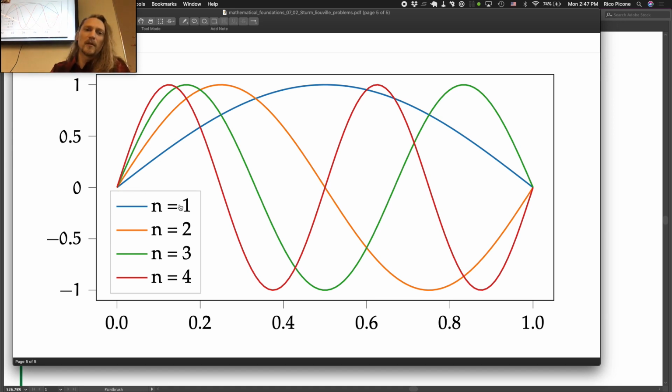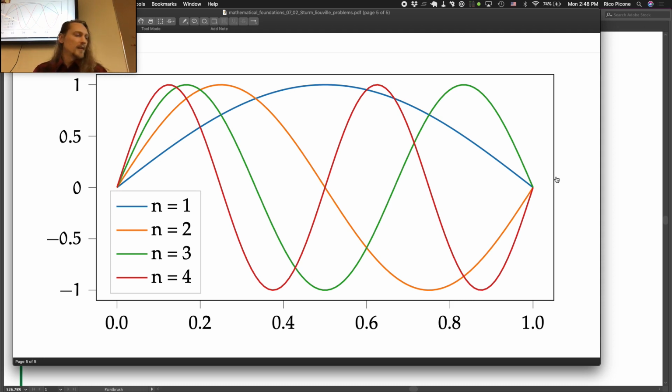So for the first one there are zero crossings between those 2 points. For n equals 2, we have a full period of a sine wave, and we get 1 zero crossing, so 2 minus 1 is 1 zero crossing. N equals 3, the green one, we get 2 zero crossings. N equals 4, and you get 3 zero crossings. And the boundary conditions are always met.